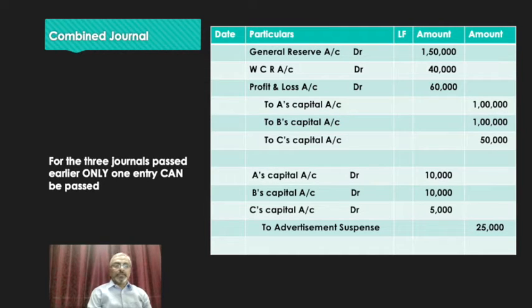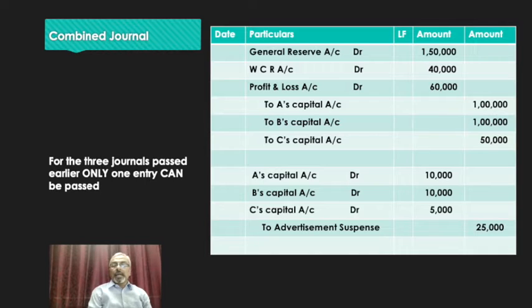So let's get started. So the journal entry will be general reserve account debit 1,50,000, workmen's compensation reserve account debit 40,000, profit and loss account debit 60,000 to A's capital, to B's capital, to C's capital. Now please understand this very carefully.